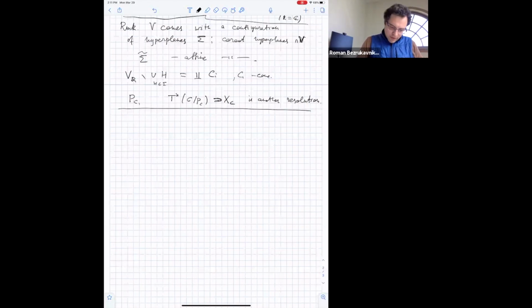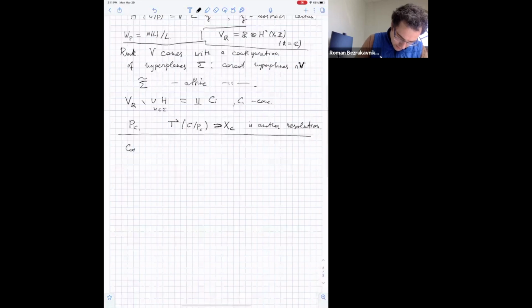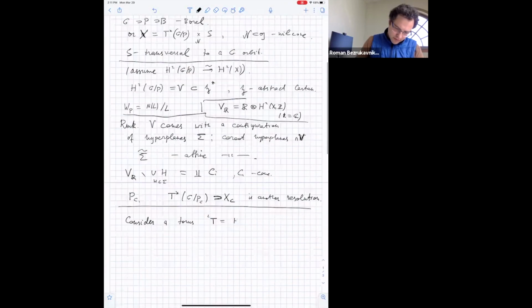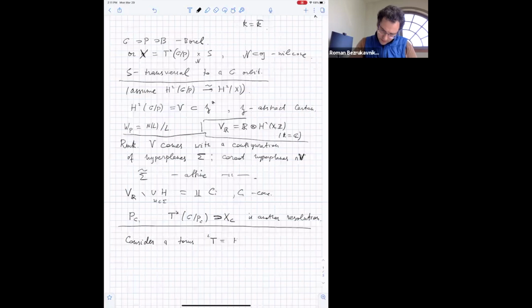So to do this, I will consider the dual torus. You can think of it as the coweight lattice. Maybe I will introduce a notation for that, lambda.